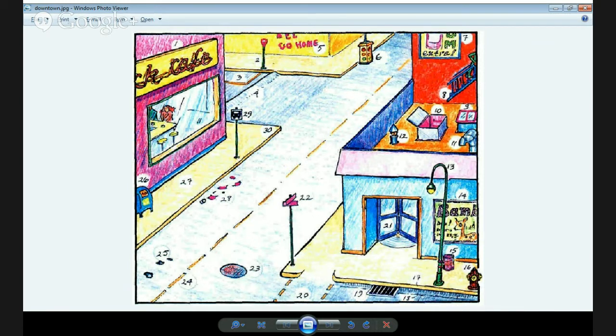In my city, the street sign is above the road. Above the road? Yes, like the traffic light. Oh, I see. Where do you live? In Russia.